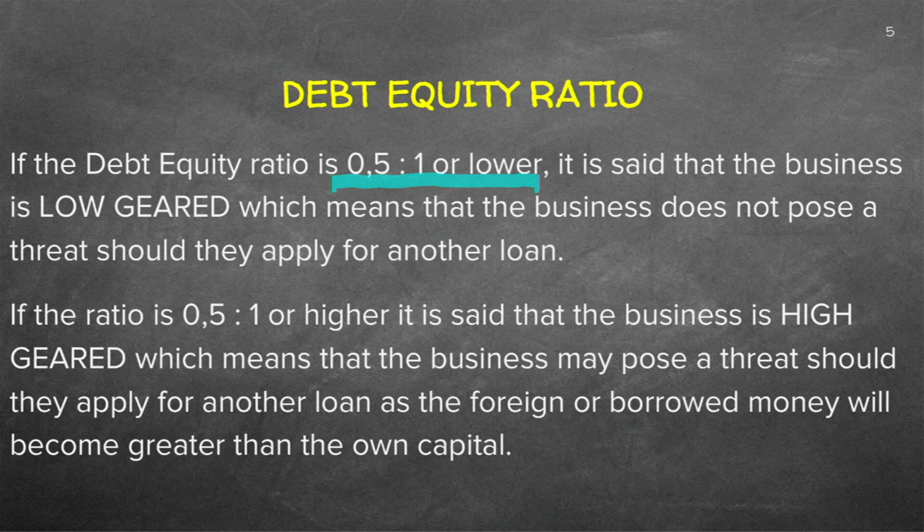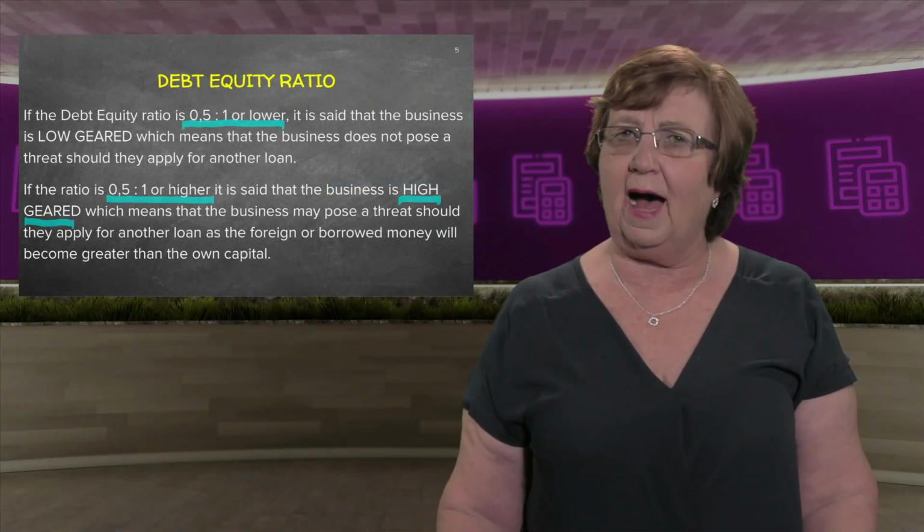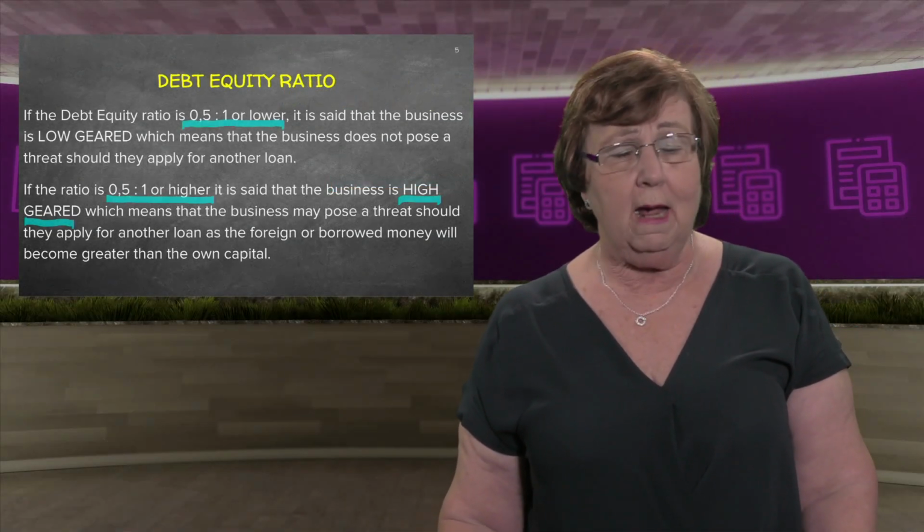However, if the ratio is 0.5 as to 1 or higher, it is said that the business is high geared. Now, high geared means that we are becoming a higher risk. So 0.5, yes, is higher risk than 0.3.